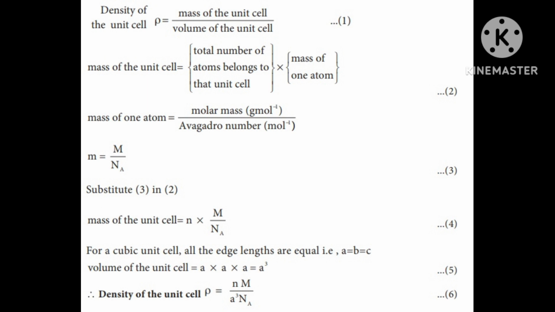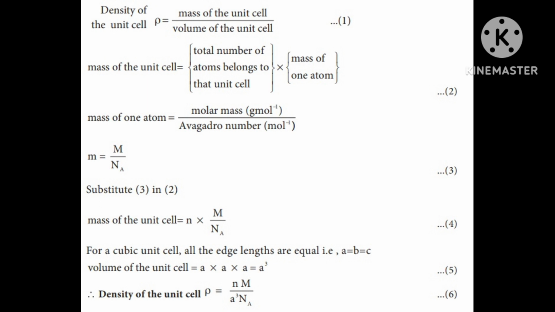And the third concept I have told you: if it is in terms of number, then Avogadro number is equal to 1 mole. Means molecular mass is equal to 1 mole, and 22.4 liter is equal to 1 mole, and Avogadro number is equal to 1 mole.